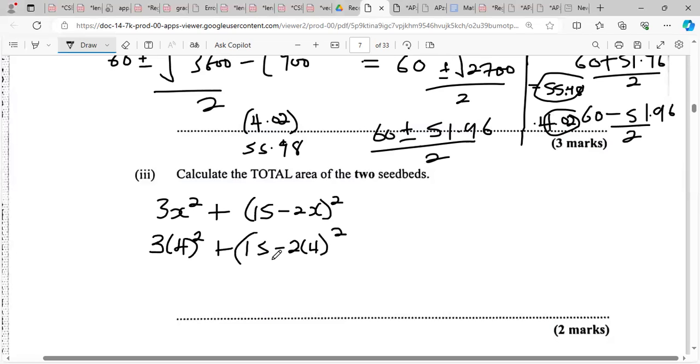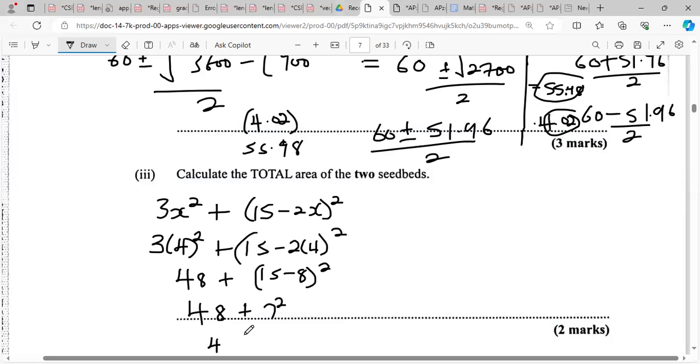So we work out the bracket first: 15 minus 2 times 4 is 8... 15 take away 8, that is 7, so that's 7 squared.